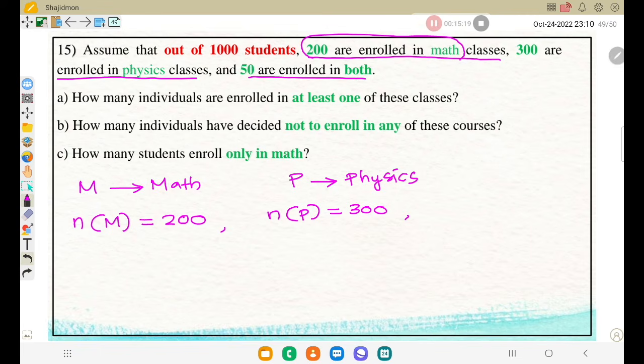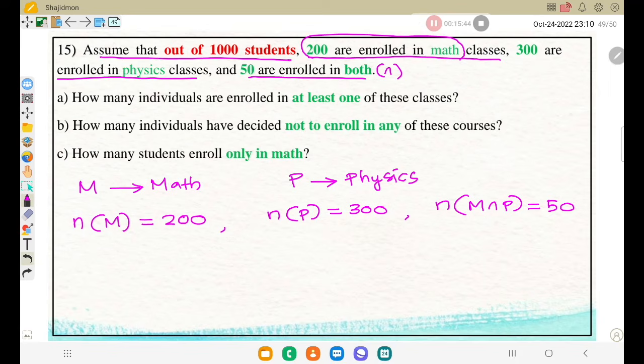Now 50 enrolled in both means they are enrolled in physics and math both, which means intersection. Keep that in your mind. So number of M intersection P equals 50. Hope you understood.